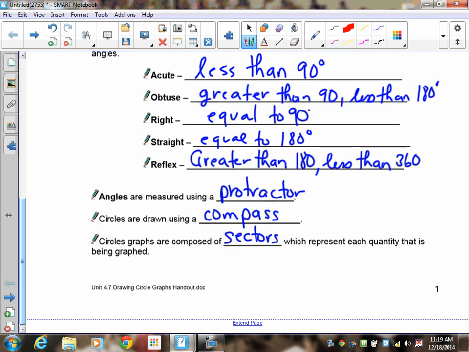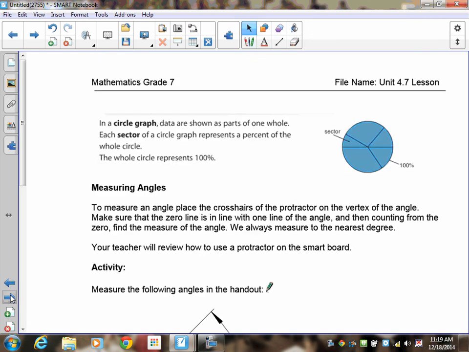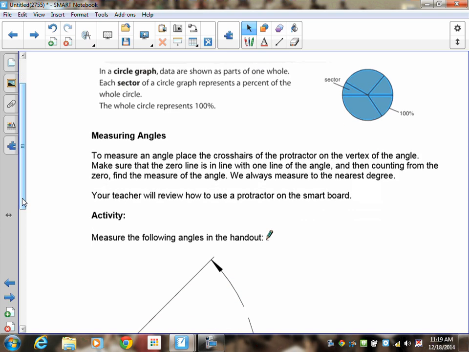That sector represents some part of a quantity that we're graphing. So you can see here on the right-hand side, I've got a circle graph. It's divided up into parts. Because we're going to start with a percent circle, this whole circle here represents 100%. So we take a piece of something, we're going to cut it into parts.